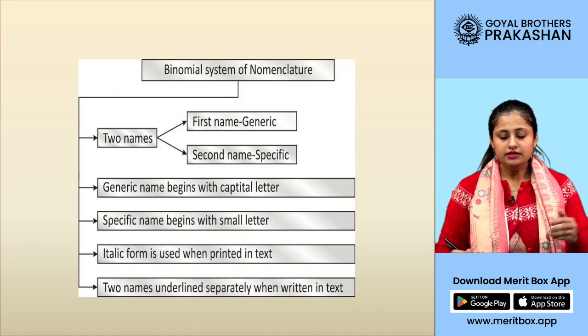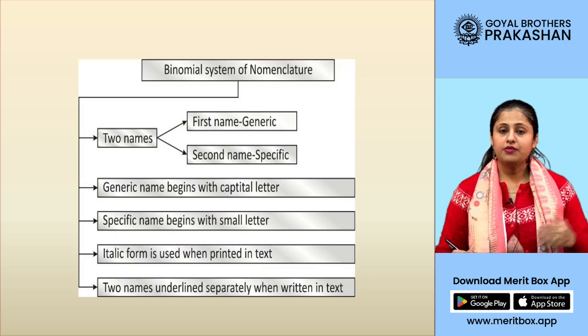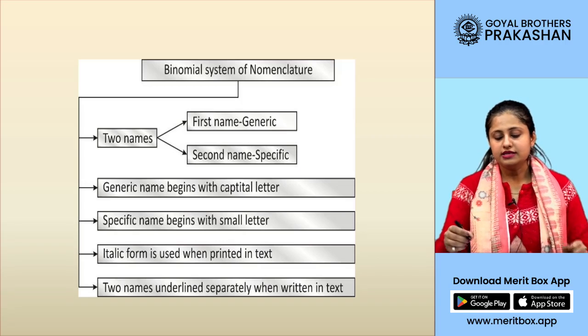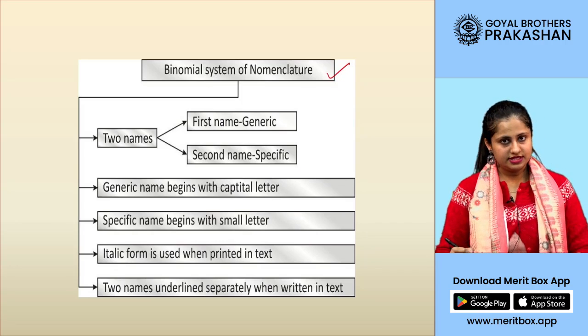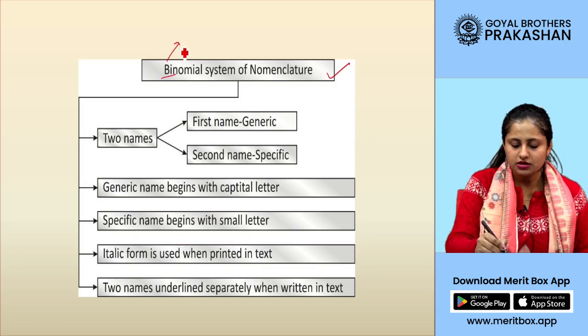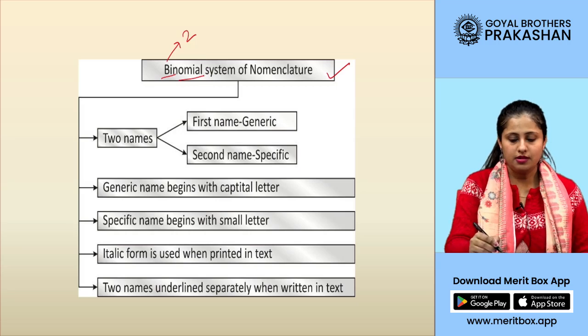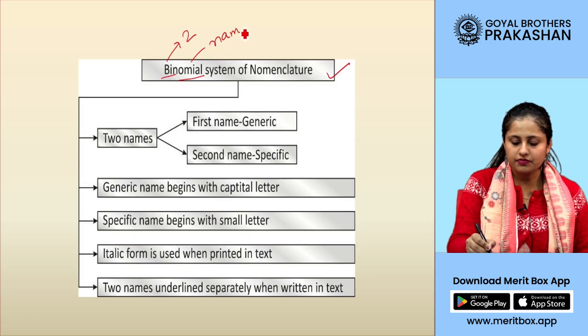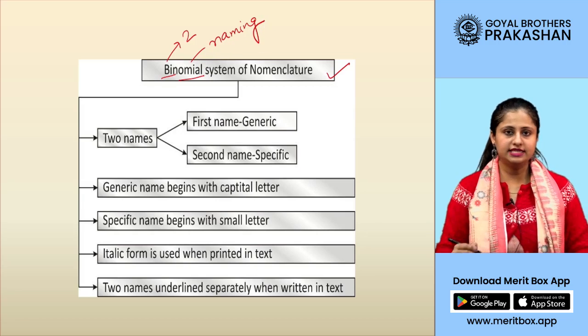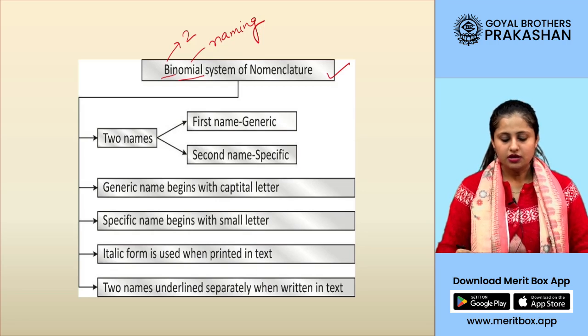Now, this is the thing which we were going to discuss, that is binomial system of nomenclature. Binomial, here bi means two and nomial means naming or writing the scientific names. So, two names are there.